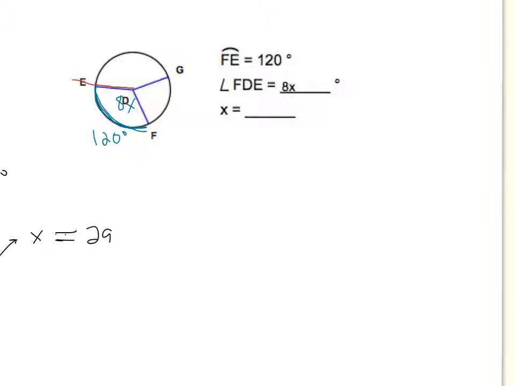Because this angle cuts out this arc, we know the measure of the angle must be the same as the arc. So I would just simply set these equal. So 8x equals 120. To solve for x, I would just divide by 8. So I take 120 and divide it by 8 and I get 15. So x is 15.